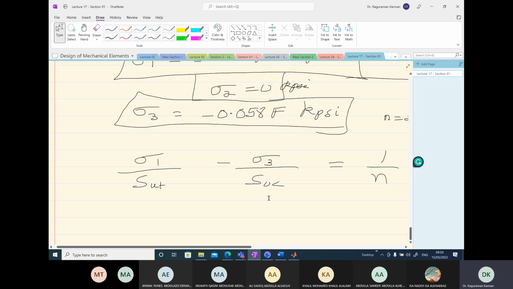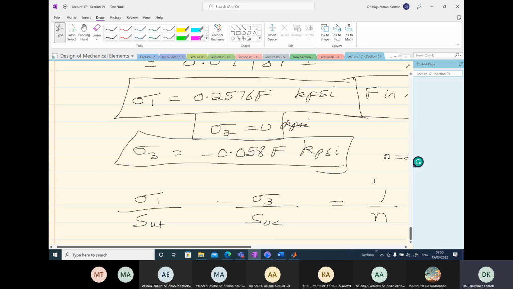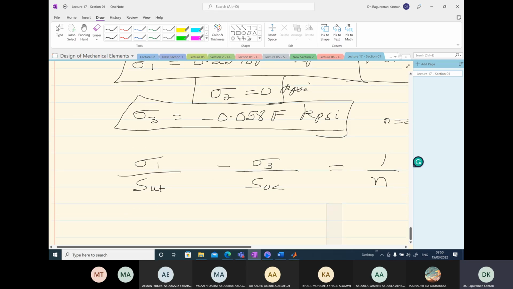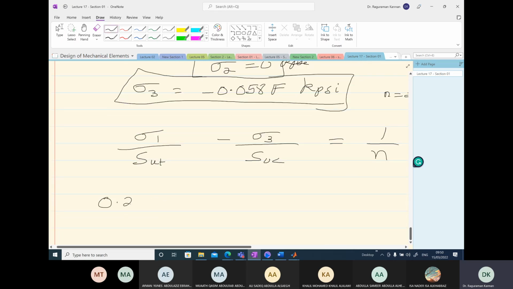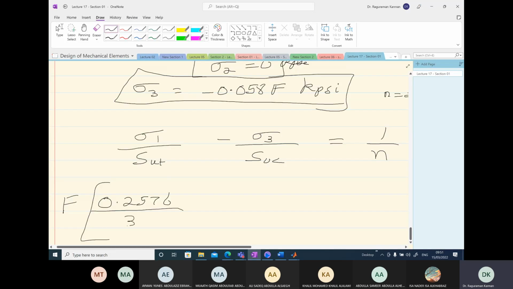Substitute for sigma 1. Sigma 1 is 0.2576 F. F is common, so I'm going to take it outside, divided by SUT value. Under tension, ultimate tensile strength is 31, so write it as 31 kpsi.